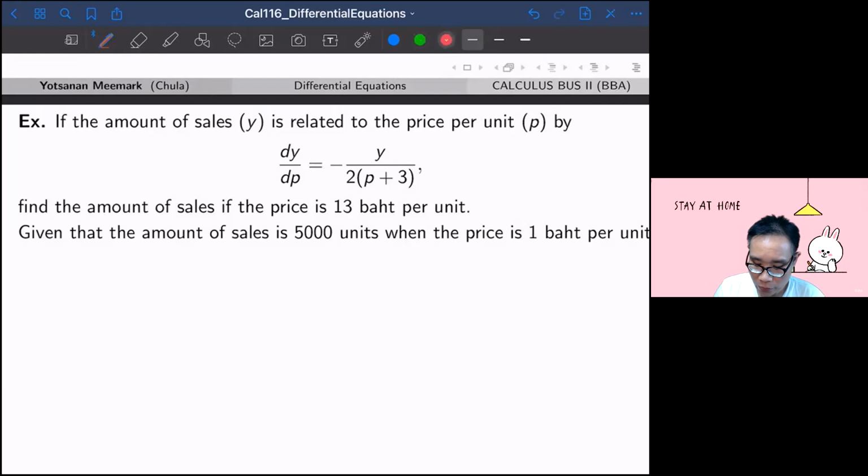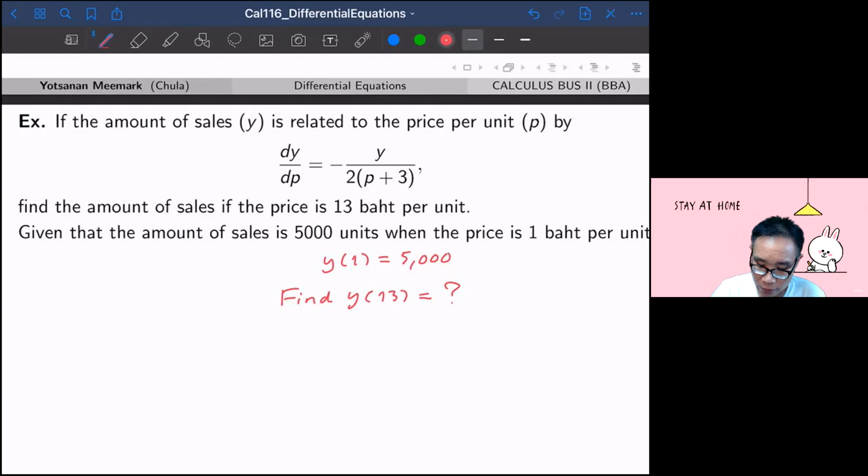So for this one, the question gives you y(1) equal to 5,000. Okay, so this is what you should think about. And the question asks you to find y(13) equal to what? So the amount of sales at 13 baht.